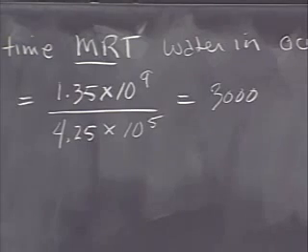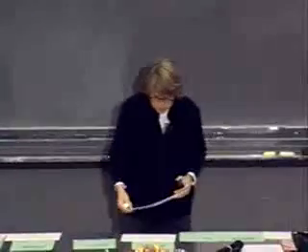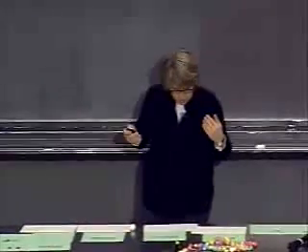So you should now think about what the average residence time is, for example, in the atmosphere. When the pool is very small relative to the fluxes, the residence time is going to be very short. That's something to remember. When the pool is huge relative to the fluxes, the residence time is going to be very long. But in oceans, the residence time is thousands of years.